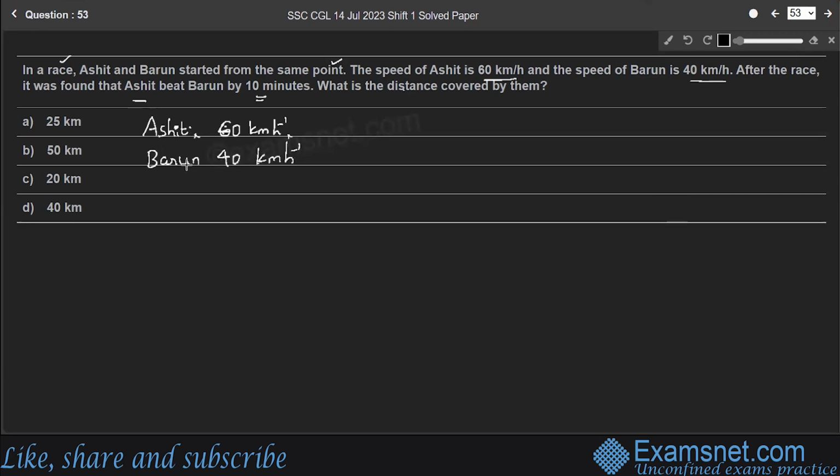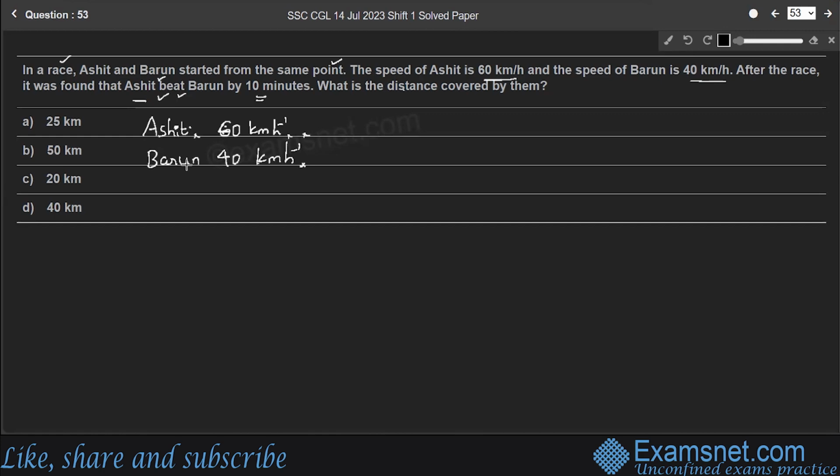right? So after the race, it was found that Ashit beat Varun by 10 minutes. So for example, if Varun took X minutes of time to complete D distance, then Ashit will take X minus 10 minutes of time, right? Because Ashit beat Varun by 10 minutes, so he takes 10 minutes less time compared to Varun.